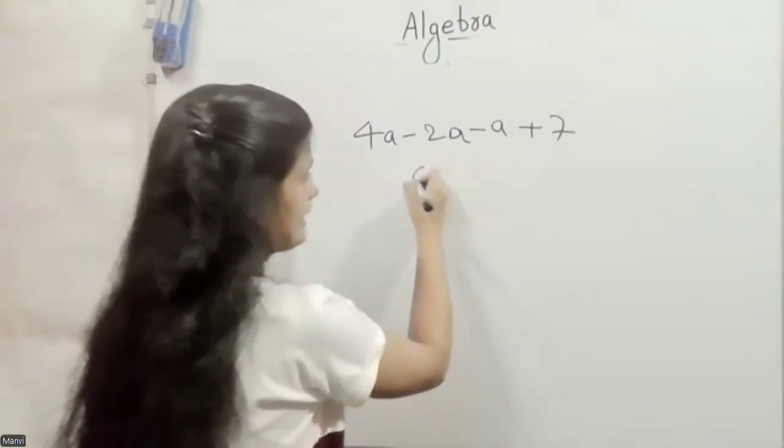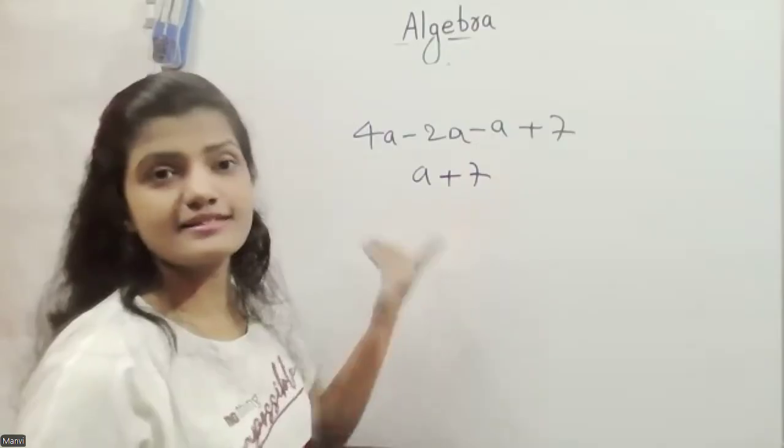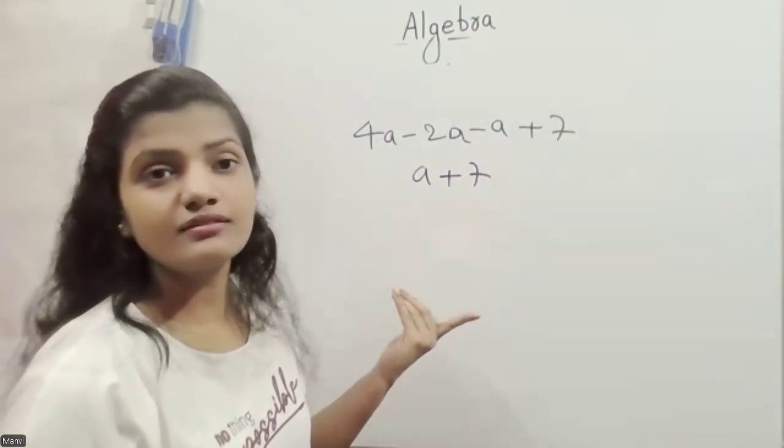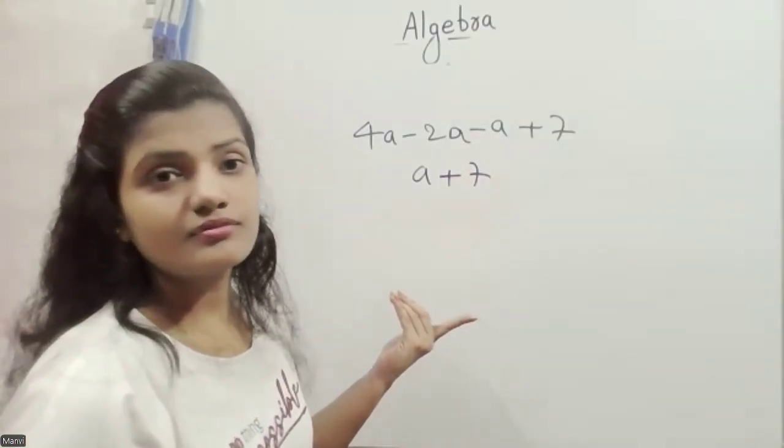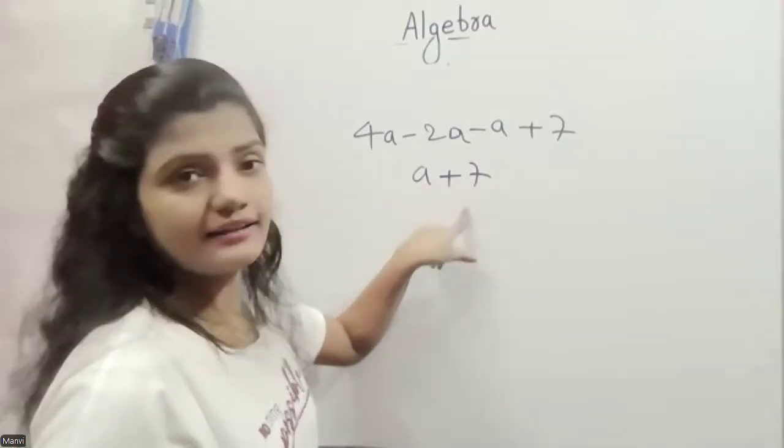And we can't add a with 7, right? So we can simply write it like a plus 7. Because we can't add anything with this.